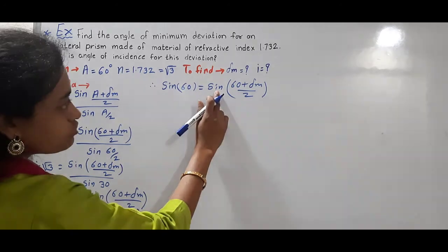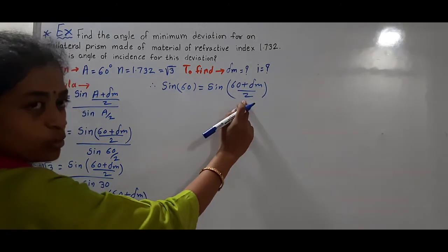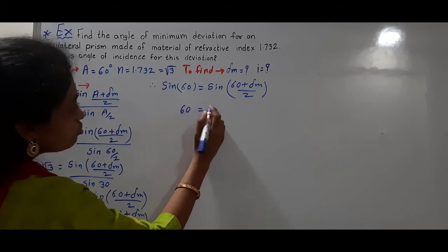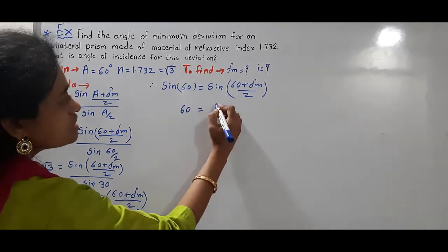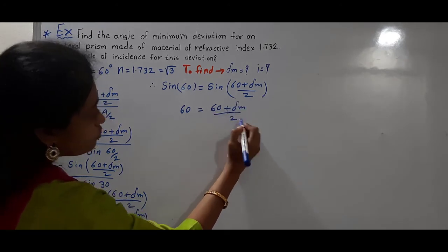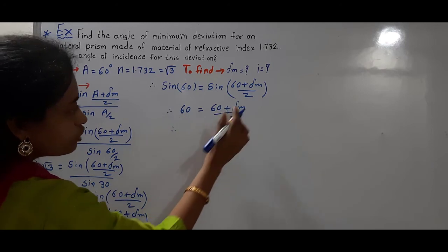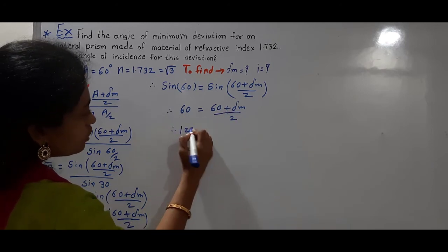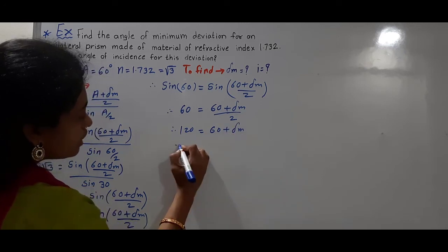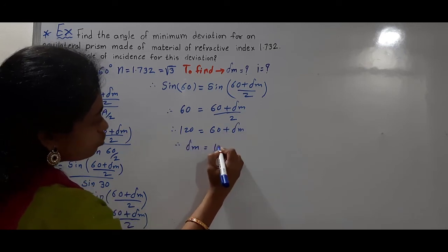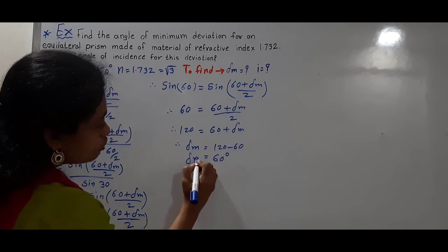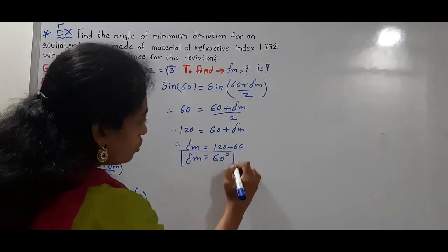Therefore, we can directly write 60, equating both these angles of sine. 60 is equal to (60 plus delta m) divided by 2. Therefore, we have to find delta m, means 120 is equal to 60 plus delta m. You will write delta m is equal to 120 minus 60, that is equal to 60 degree. The value of delta m is 60 degree.